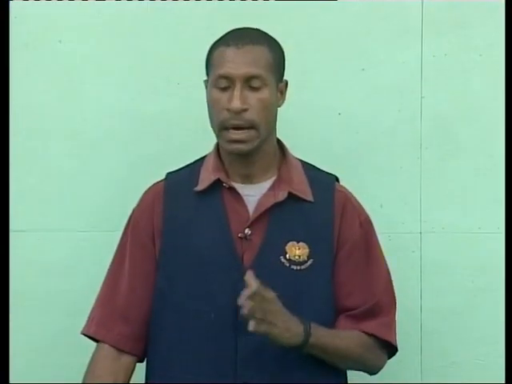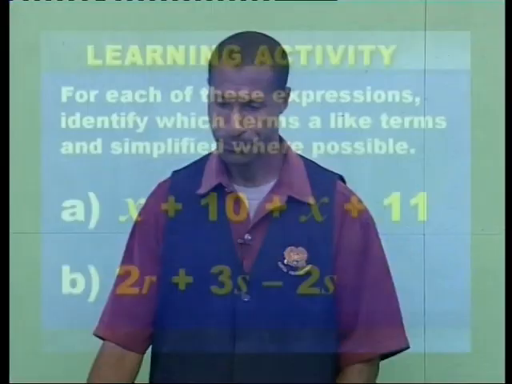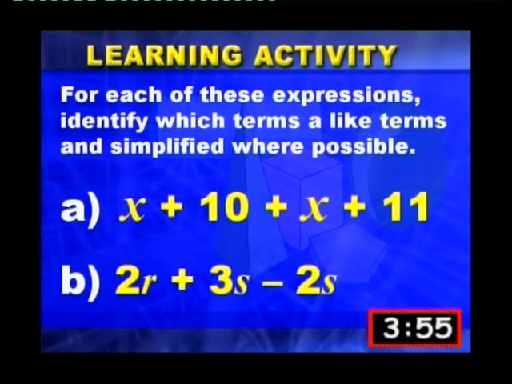Now we will look at our learning activity. For each of these expressions, identify which terms are like terms and simplify where possible. Now, receiving students and 7s, from learning activity A, which two terms are like terms?